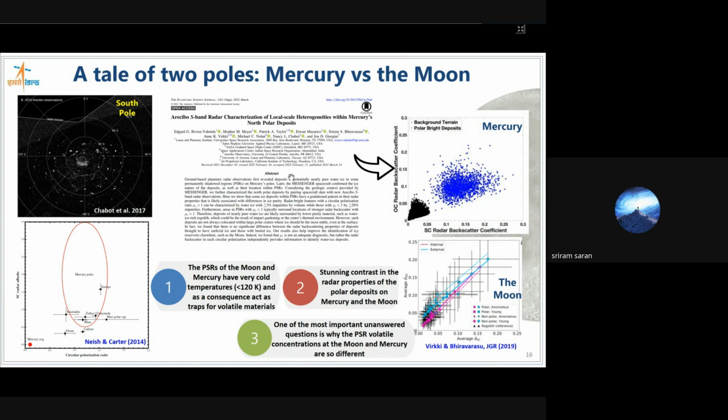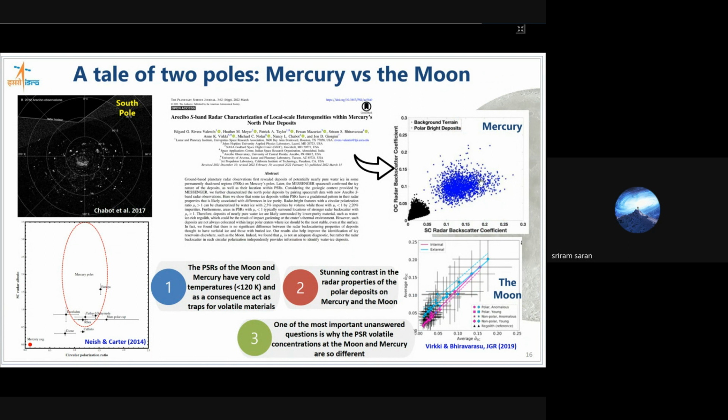So I was part of a study of Mercury's poles carried out in 2019. This was a paper published in 22. We observed Mercury's North Pole deposit, and when we plotted these observations, the figure on the right clearly separates the polar bright deposits from the average background terrain.